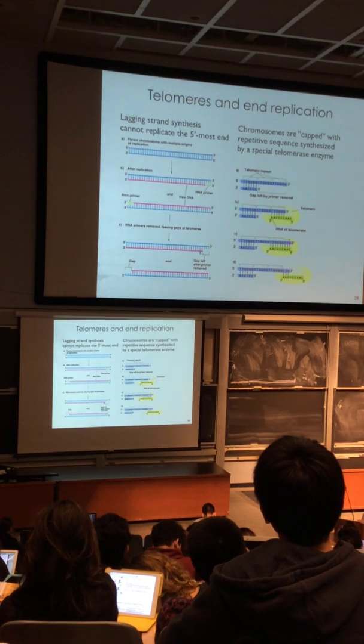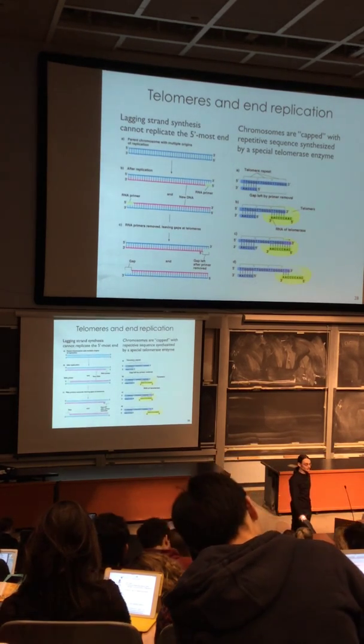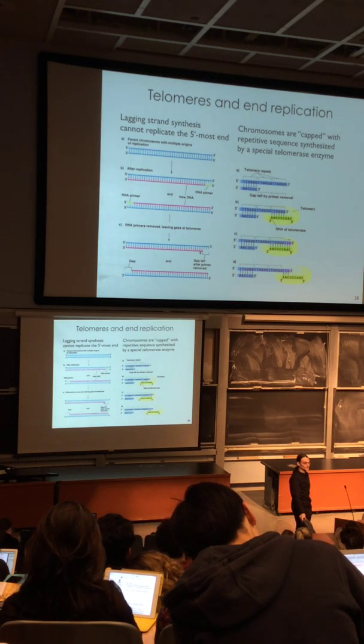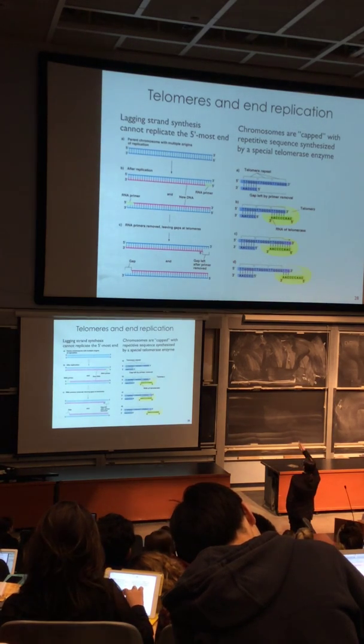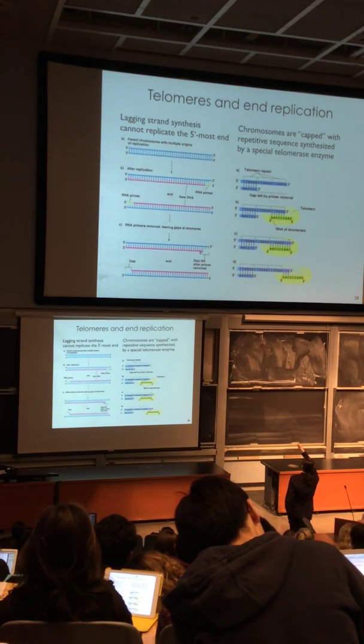The other problem with replicating a linear chromosome, especially on the lagging strand, is what's called the end replication problem. After you replicate a piece of DNA, on the lagging strand, the very ends are left as RNA primers and nothing else further out on the sequence.